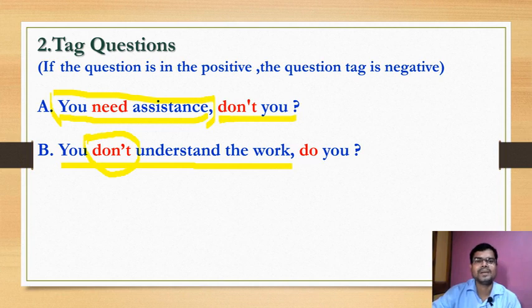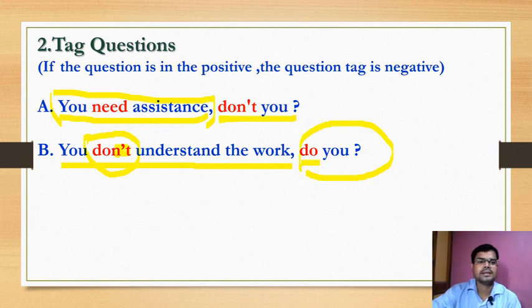So the complete sentence is a negative sentence. And for a negative sentence, what do we have to do? Whenever there is a negative sentence, we have to use a positive tag. So what have we done? We have omitted "not", we have just cut this "not", and instead we have used "do" directly. So our answer is "do you."